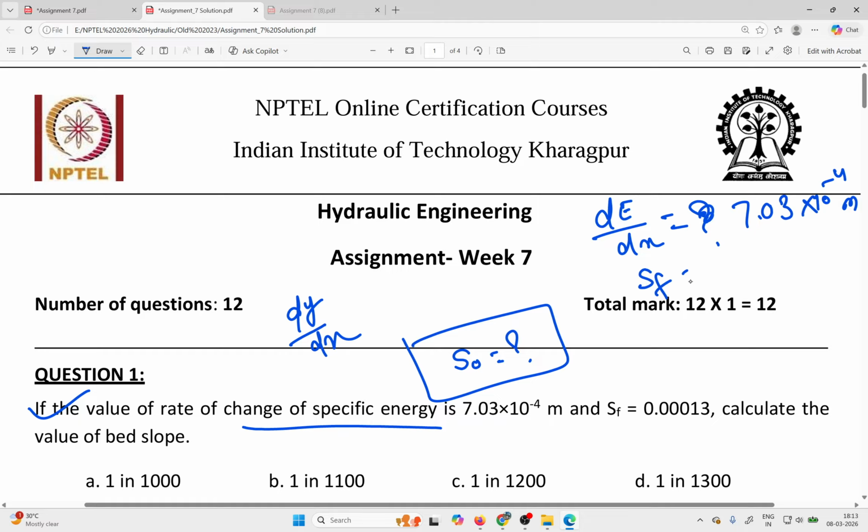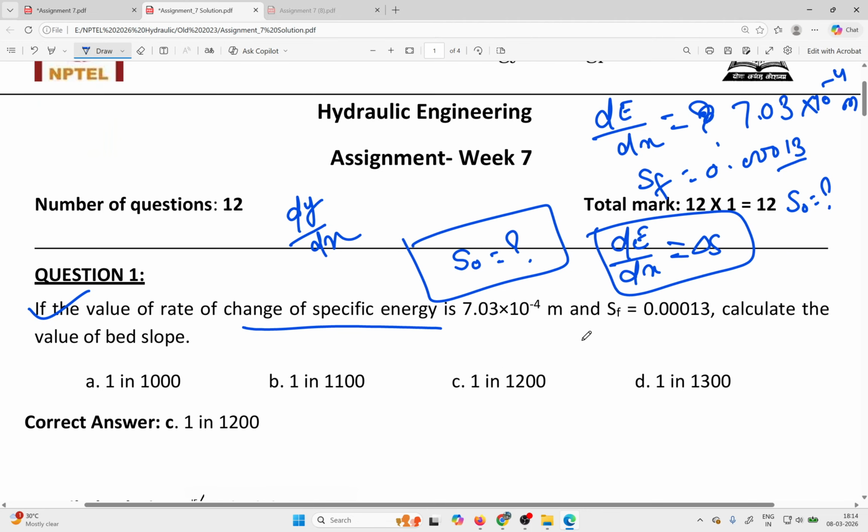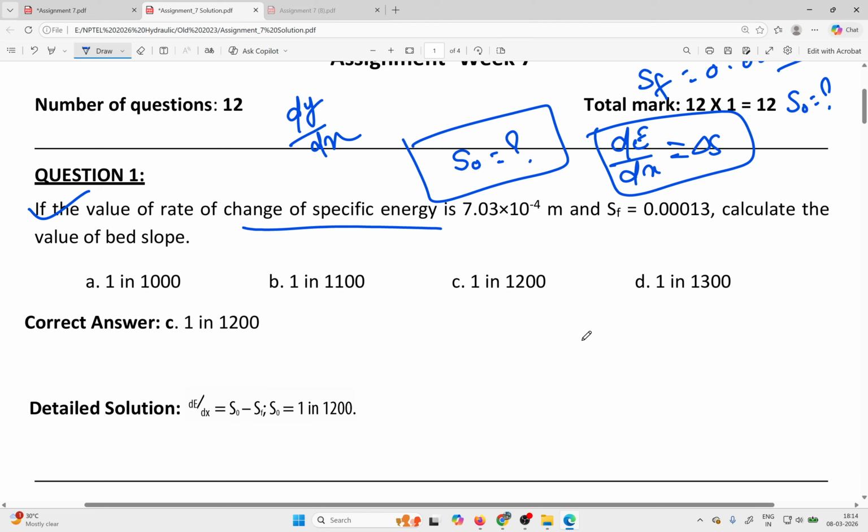Sf in the question is given as 0.00013. You need to calculate S naught. So the formula for this, dE by dx, is nothing but the slope difference, that is, the energy slope. Now you can follow this.